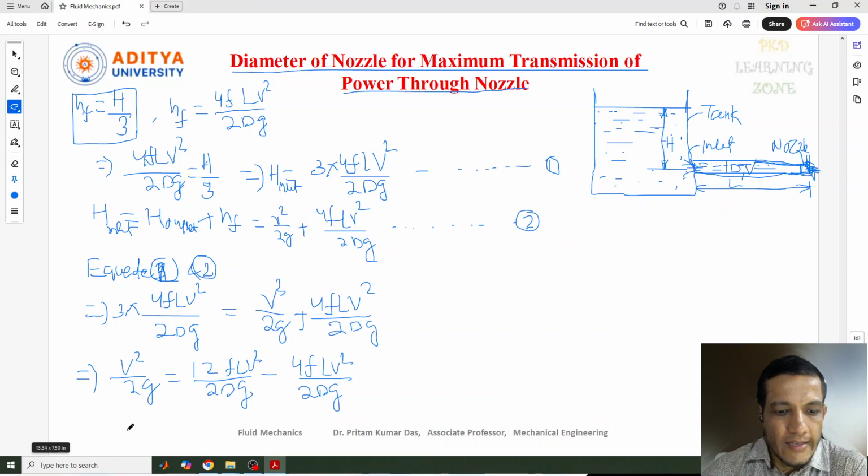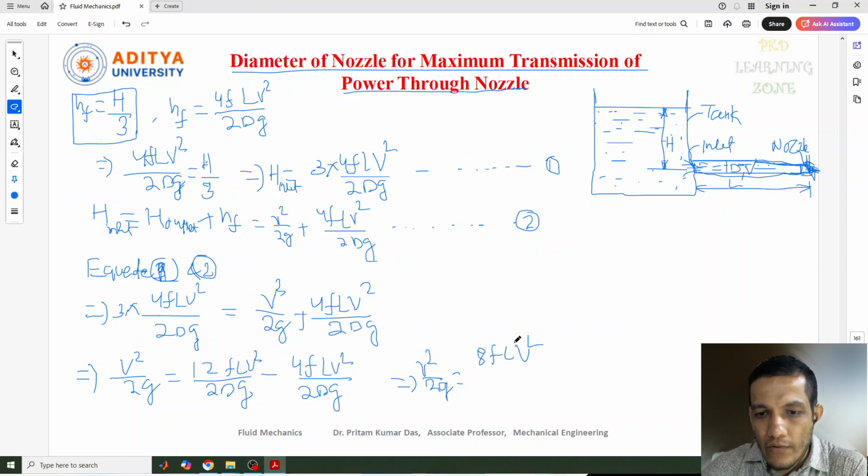So what we get here is v square by 2g equal to 8fl v square by 2dg. This is equation 3.